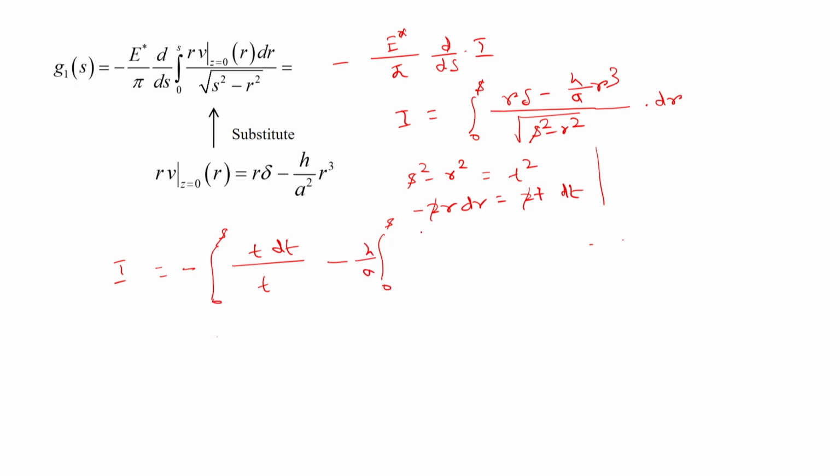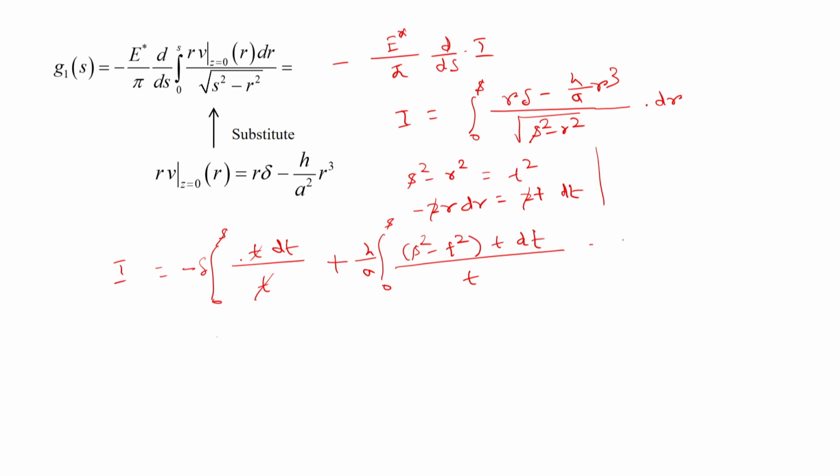So r square will be equal to a square minus t square, and it is r into dr, which will be equal to t into dt with a minus sign of course. So minus minus will be plus here, and here this is delta. So here r into delta, so r dr is equal to minus t dt.